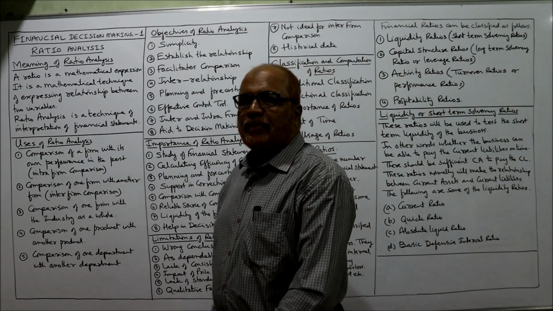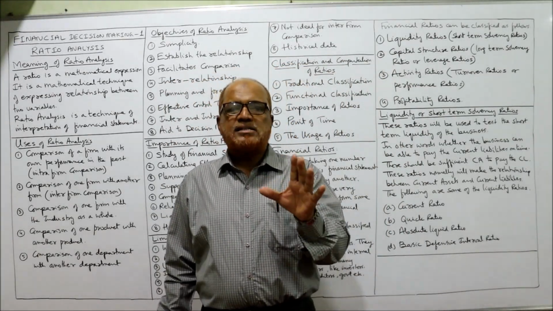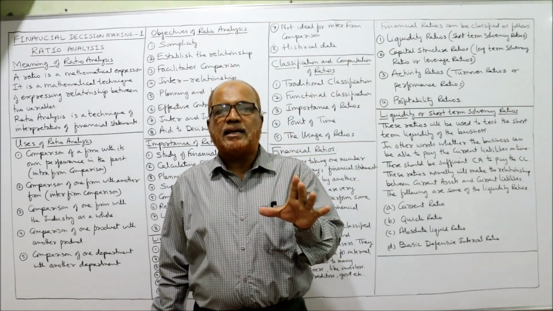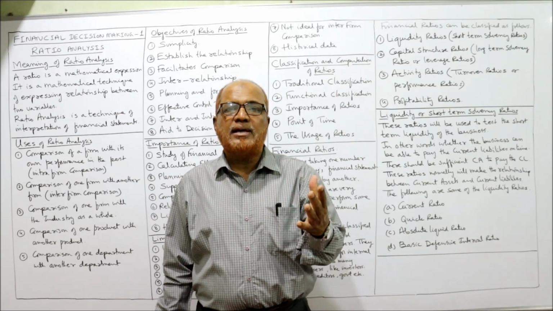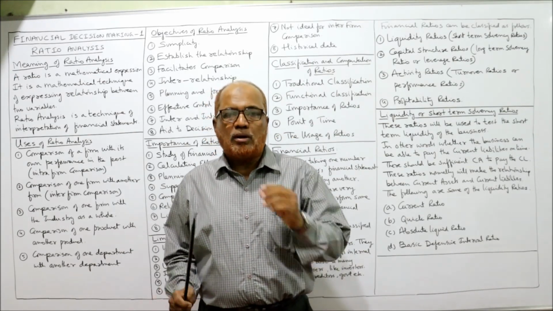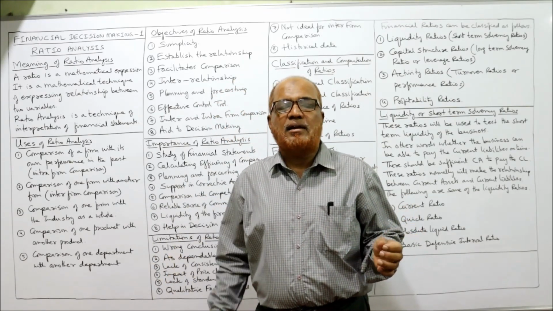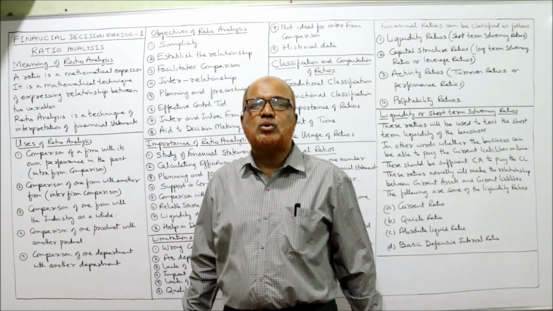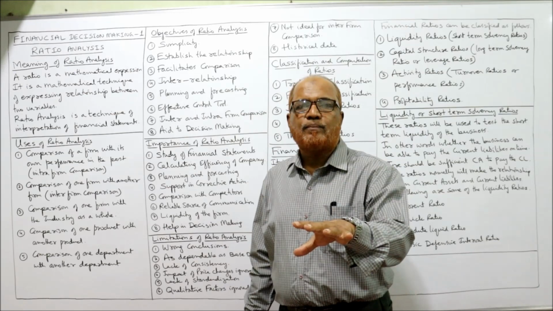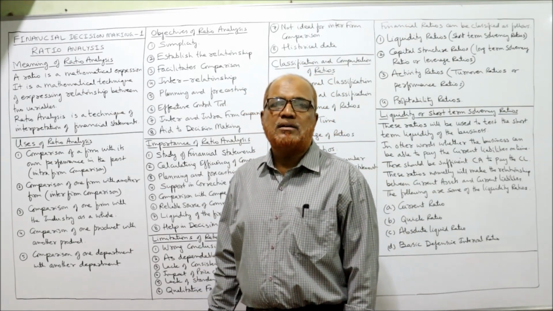Now, first of all, we'll discuss the meaning of the term ratio. Ratio is a mathematical expression or mathematical technique which makes a relationship between 2 or more variables. This technique is widely used for making the relationship of variables in the financial statements.